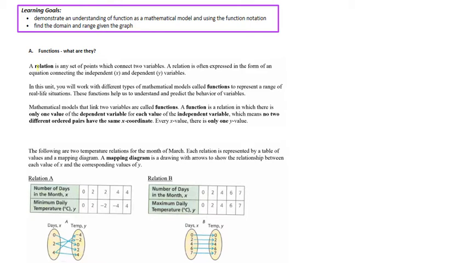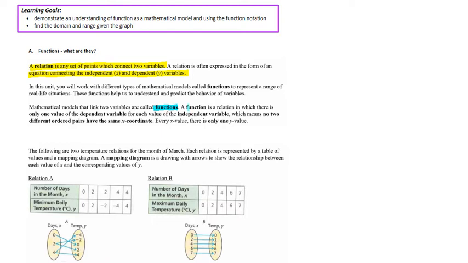So in mathematics, a relation is any set of points that connects two variables. So any relationship between an independent and a dependent variable. So these are pretty much any of the relationships we look at in mathematics. However, there's a special type of relation known as a function.